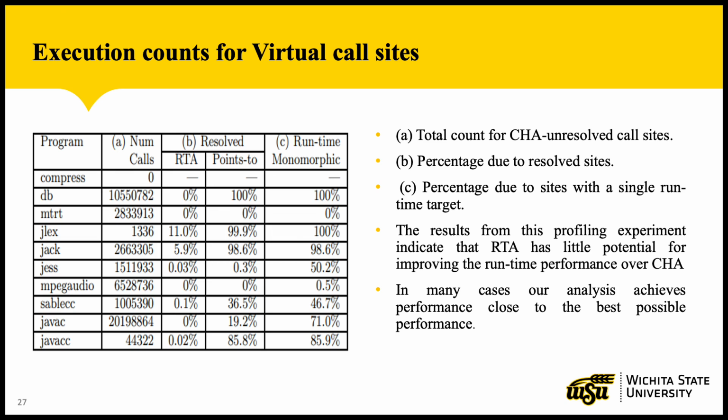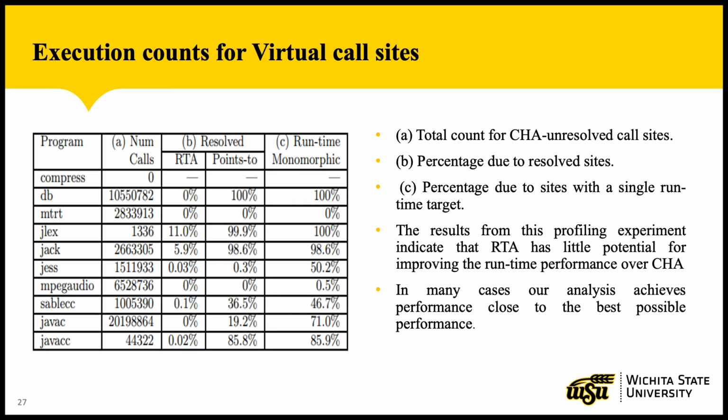Here in the table, the total number of invocations of CHA-unresolved call sites is shown, and this number is an indicator of the runtime overhead of virtual dispatch as well as the missed opportunities for performance improvement through inlining. Here, the percentage of the total number contributed by call sites resolved by RTA was also measured.